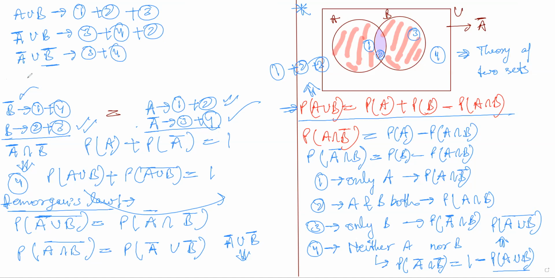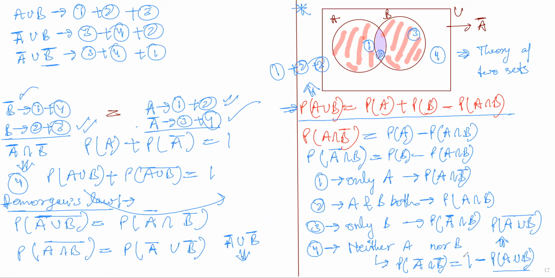Union says take all the portions which are in A complement and B complement. B complement contains 1 and 4, but 4 has already been written, so we'll just add 1 to it. Guys, are you understanding how to write union? Yes, sir.